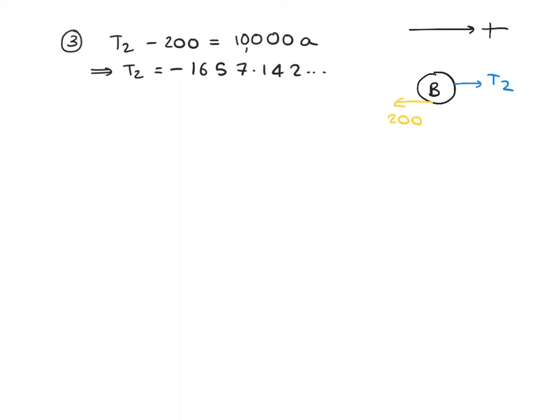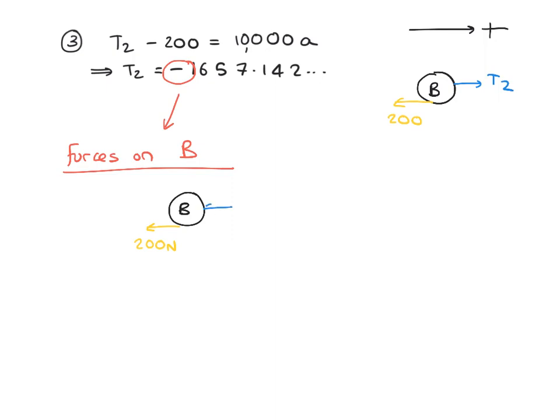Now, the fact that there is a negative sign here tells us that actually the forces on B really look like this, which means there's particle B, or truck B, there's the 200, which was in the correct position, but T2 is negative, so T2 acting on B should actually have looked like that.